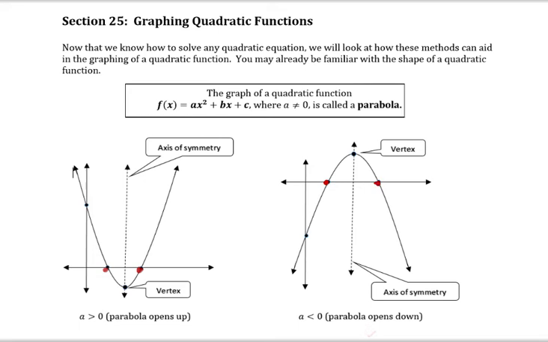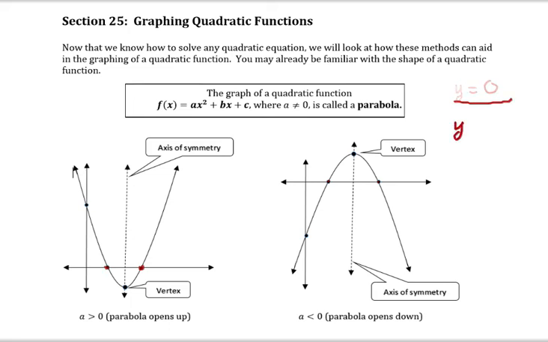So these are the x-intercepts. And remember, at an x-intercept, the y-coordinate equals 0. So all these x-intercepts have y-coordinates equal to 0. So this is how we can find the coordinates of the x-intercepts.